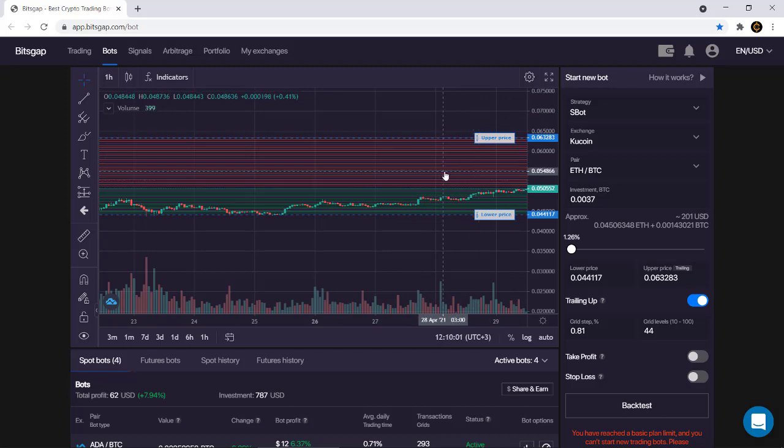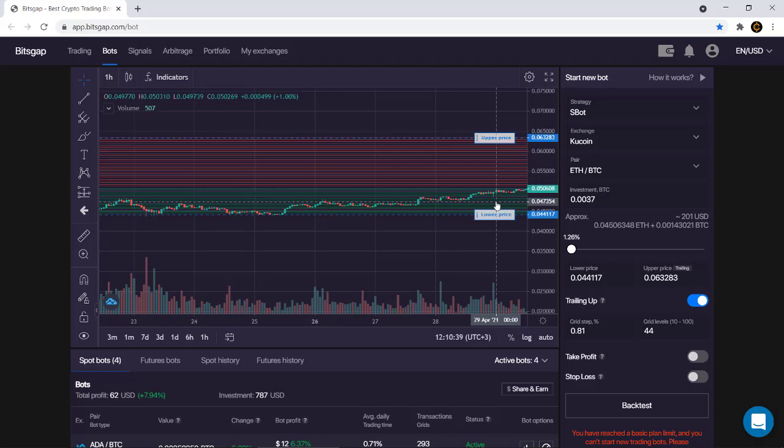I'll have a whole lot of Ethereum, and these red lines indicate that when the value of Ethereum reaches this particular value, it will sell some Ethereum for Bitcoin. And the green lines indicate that when the value of Ethereum goes down, I'll have a certain amount of Bitcoin, and when it reaches the value of a certain line, the bot will buy some Ethereum.